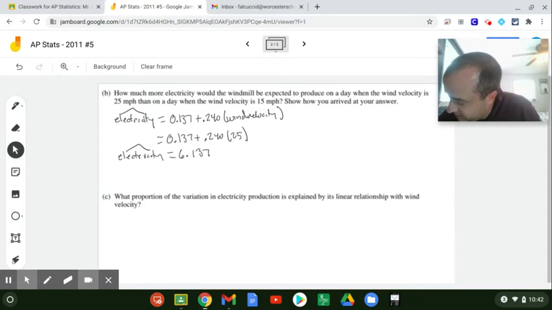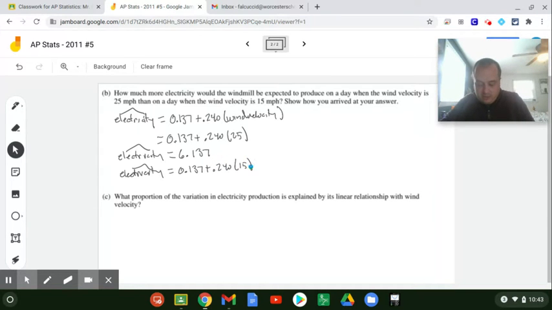And then I would do the same thing again for when it's 15. So when it's 15 here, I would have predicted electricity equals 0.137 plus 0.240 times 15. If I do that out in the calculator, it would help if I didn't put a typo in the calculator.